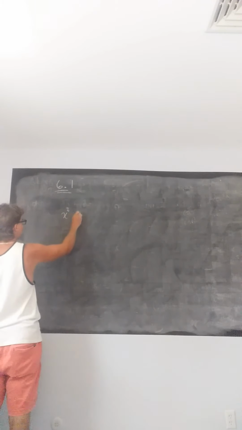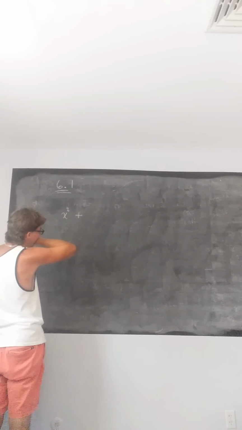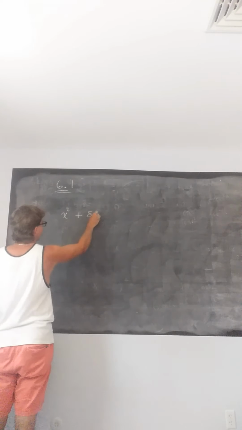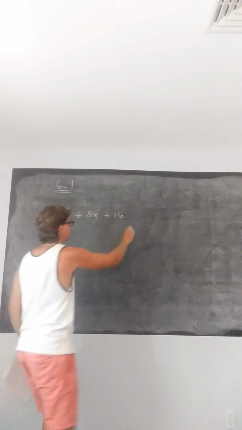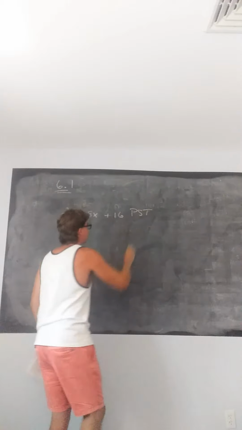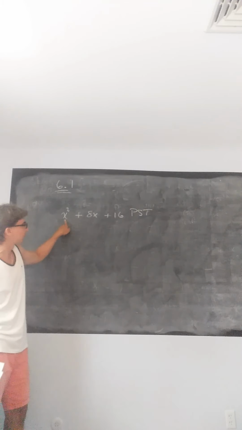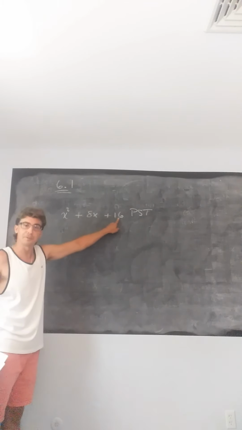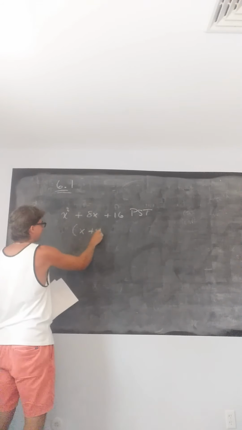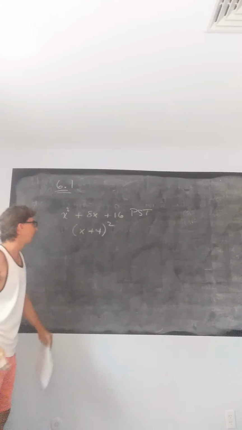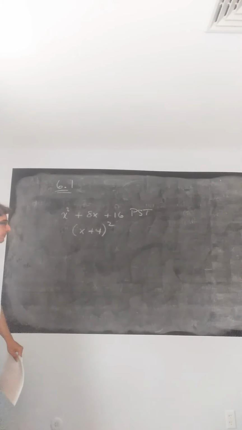For example, if I gave you x squared plus 8x plus 16, this is what we call a perfect square trinomial, because the first term is a perfect square and the last term is a perfect square. So we could write this as x plus 4 quantity squared.